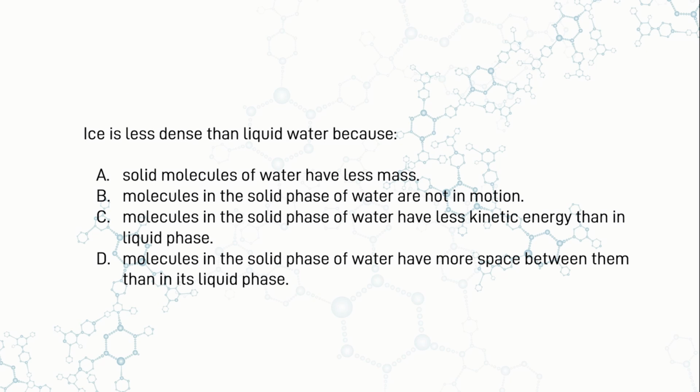For our last question, ice is less dense than liquid water because A. Solid molecules of water have less mass. B. Molecules in the solid phase of water are not in motion. C. Molecules in the solid phase have less kinetic energy than in liquid phase. Or D. Molecules in the solid phase of water have more space between them than in its liquid phase.